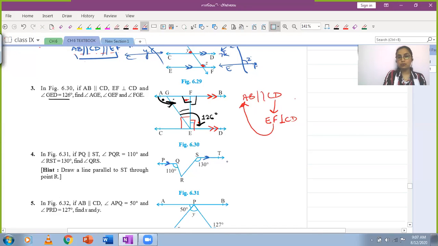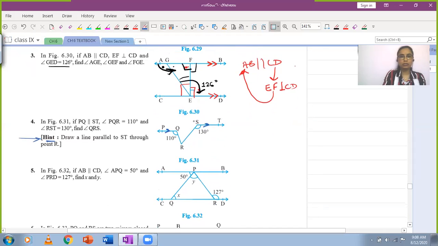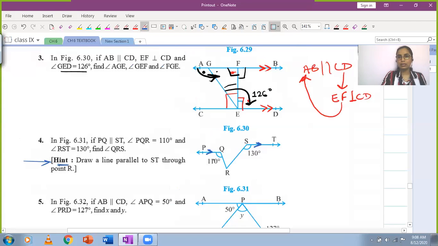You can extend PQ, you can extend ST, you can draw a line through R. They have given a hint here: draw a line parallel to ST through R. This is the first question which requires construction to solve. As for now, let's just focus on the figure that's given, and then why we require construction here.